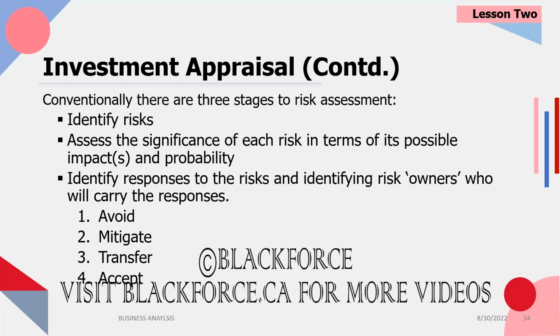Typically, when you mitigate, you may still incur some costs, right? But you're oftentimes not incurring the total cost because now you're making every step to try to make it not happen. The third option is you can transfer the risk. An example of that would be insurance. Everybody who drives gets auto insurance.